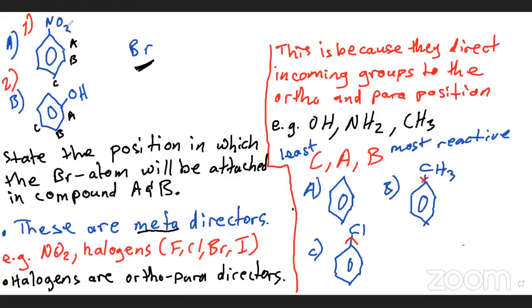So once you see NO2 is already on the ring and you are going to add something else, it will go in the meta position. So for A, once you see the NO2 group on it, you know it is a meta director, therefore the bromine should go at the meta position, which is 3 places away from your NO2 group. Is that clear?